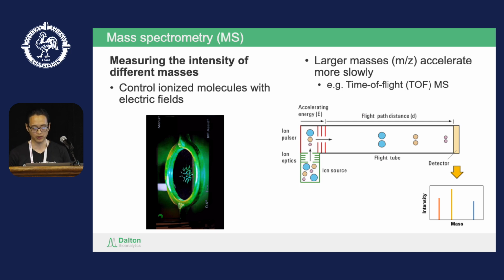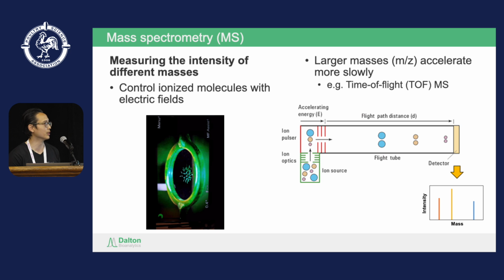The second principle that's used in mass spectrometry is that larger masses tend to have more inertia, so the smaller molecules tend to travel faster than the large molecules. So one of the simplest ways to measure mass is a time-of-flight mass spectrometer. You basically get some ions in, you pulse with a voltage this way, and they fly towards the end.